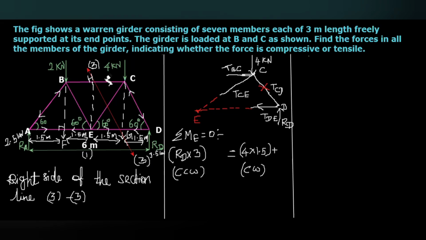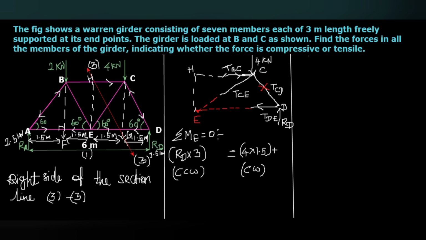If this acts towards the left side, that means outwards from point C, that is also counterclockwise. So it should act inwards to the point C, then TBC multiplied with this vertical distance EH, this is the perpendicular distance.